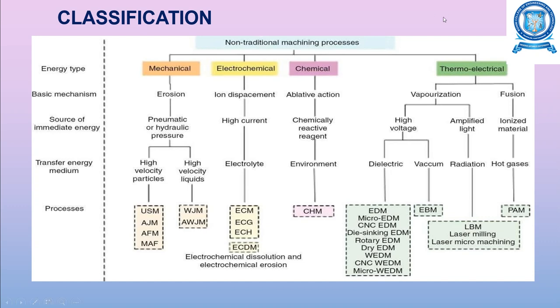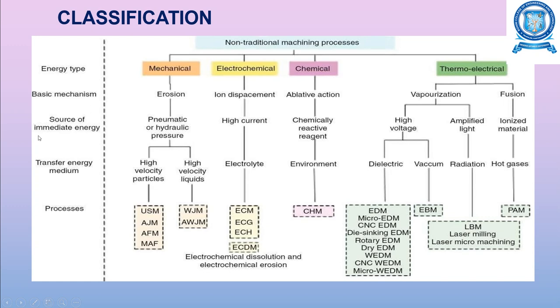So here, based on the energy type, you have mechanical, electrochemical, chemical, and thermoelectrical. Based on the basic mechanism, in mechanical you have erosion, in electrochemical you have ion displacement, for chemical the basic mechanism is ablative action, and for thermoelectrical you have vaporization and fusion.